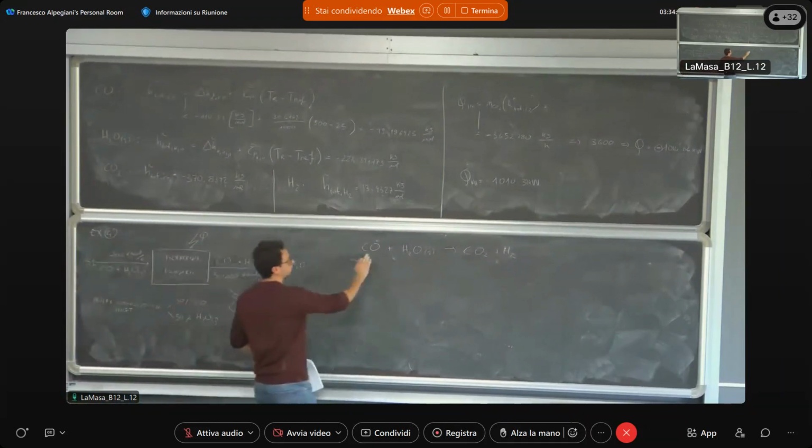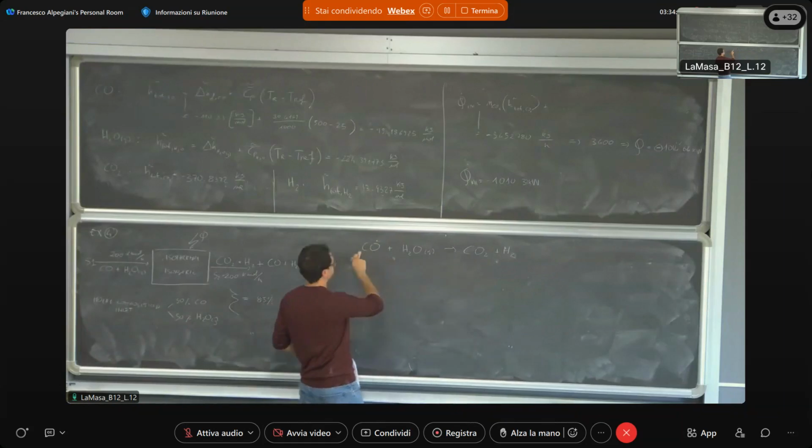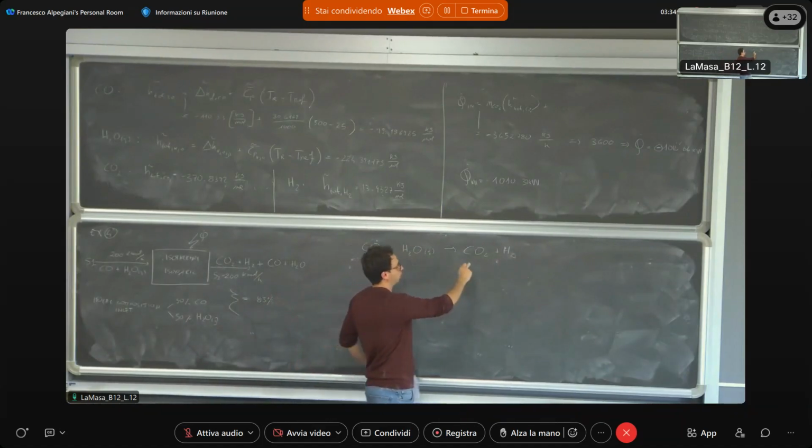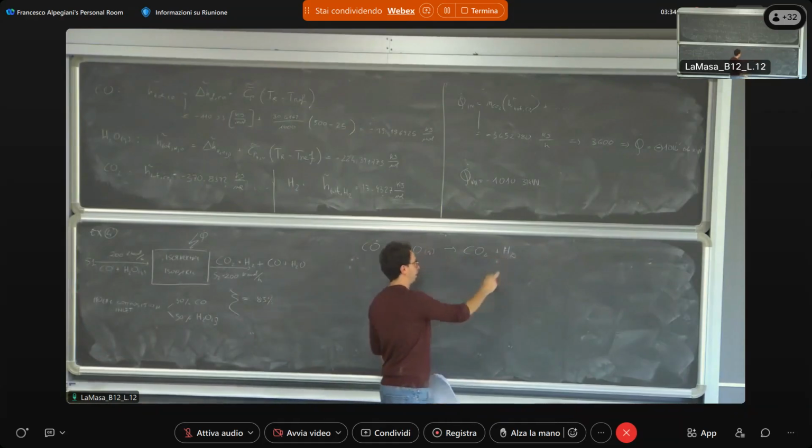And from the water gas shift reactor, you know that for the reaction of the CO, we need 1 mole of water that creates 1 mole of CO2 and 1 mole of hydrogen.